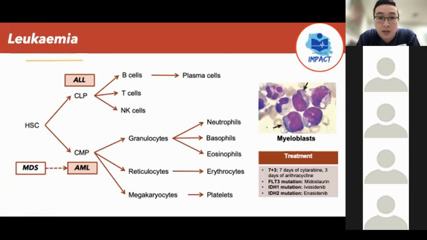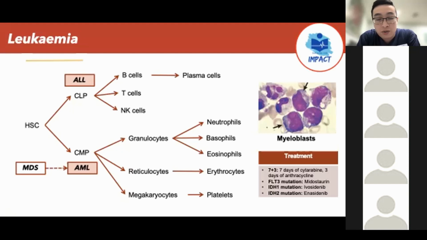And if they get more hits, if they accumulate more mutations, then they eventually evolve to become AML. Just like colonic polyps can evolve to give you colorectal cancer, MDS can evolve to give you acute myeloid leukemia. So think of MDS as a precursor condition for AML.